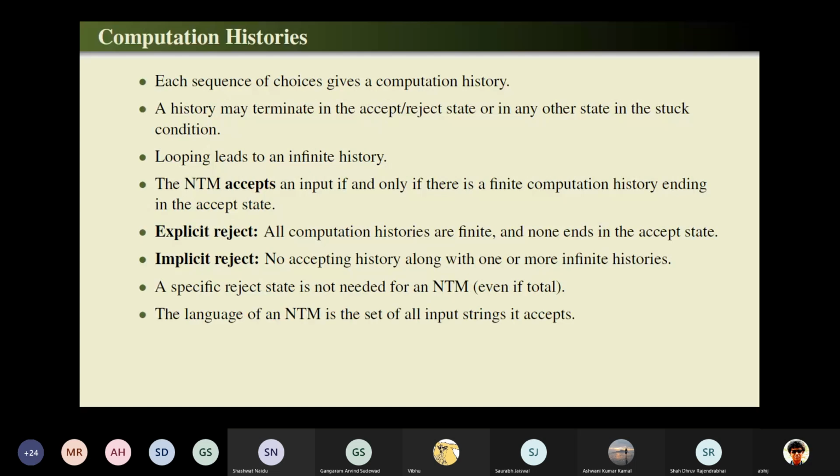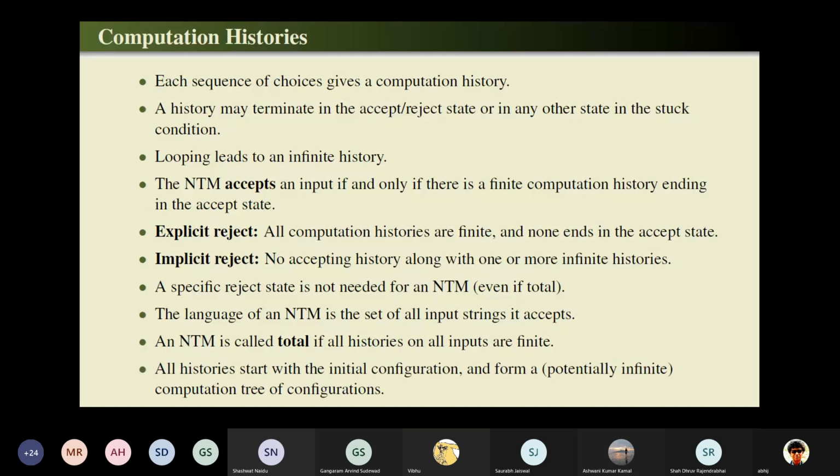The language of an NTM is the set of all input strings it accepts. And an NTM is called total if all histories on all inputs are finite. So there is nothing like looping behavior. These are just formalizing the things.